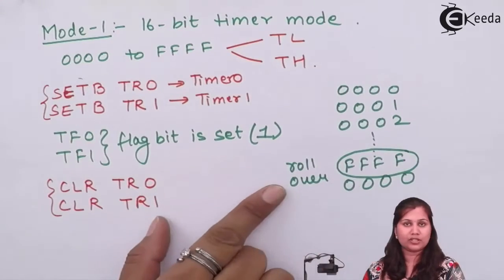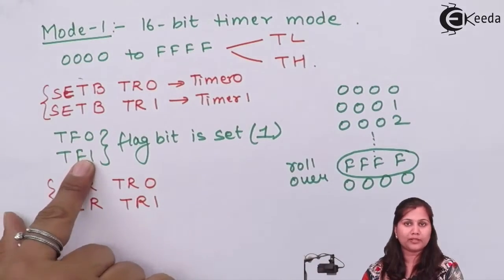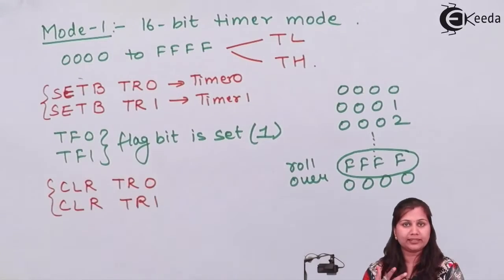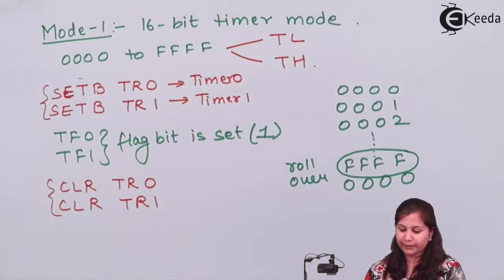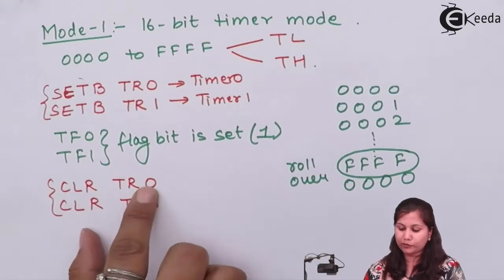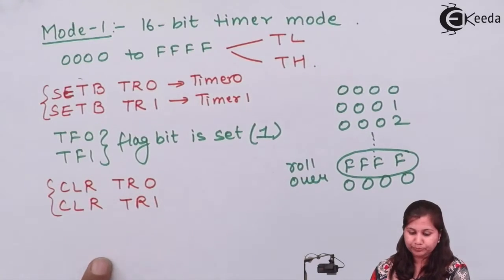So when this condition is achieved, when overflow has occurred, the overflow flag bits for the two timers will be set. And if we want to stop the timers, or if we want to reset them, then we have to clear the two bits, that is for timer 0 and for timer 1. Okay.